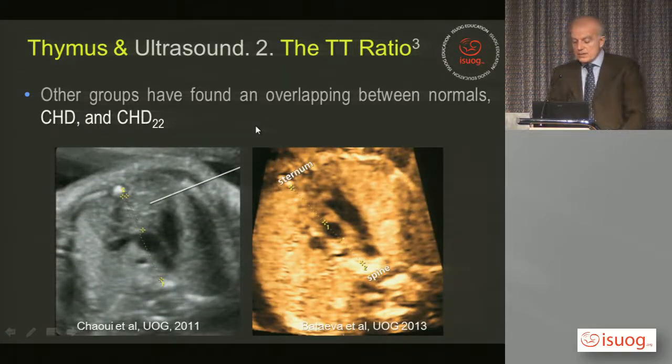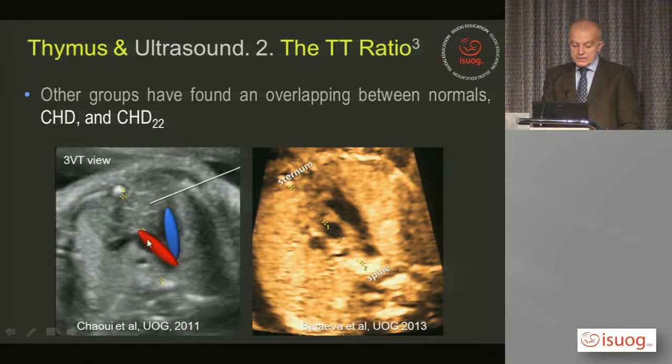Probably the difference in the performance is due to two things. The first one, if you compare the three-vessel and trachea view in the two papers, this was the one by Rabi, and you see here that actually this is the real three-vessel and trachea view because you have the V shape of the ductal and aortic arch, whereas the paper, maybe just in one case, allegedly showing the same image, by Bataeva and Lindsay Allen, actually did not demonstrate the three-vessel and trachea view, but was sitting just a few millimeters below that, where the aorta is still in cross-section.